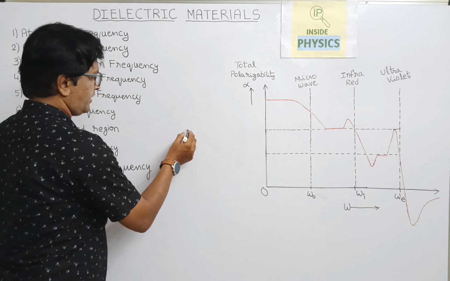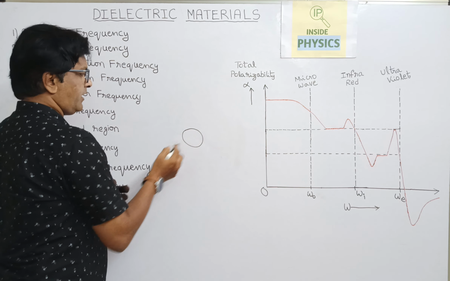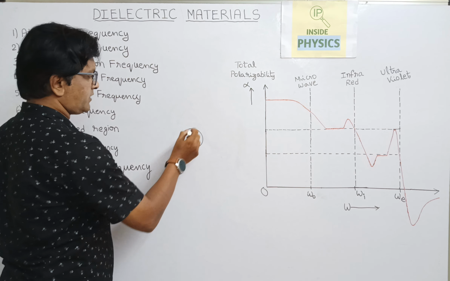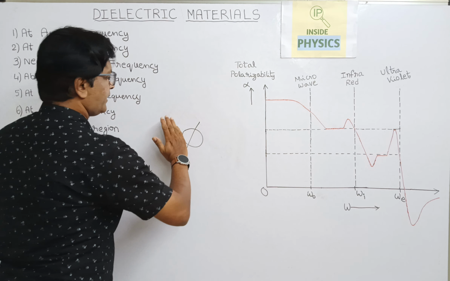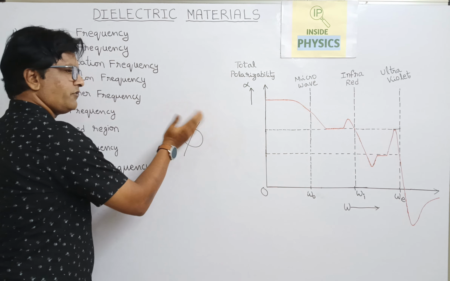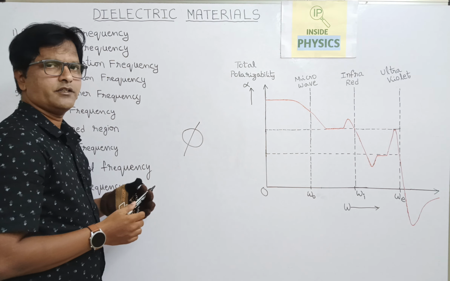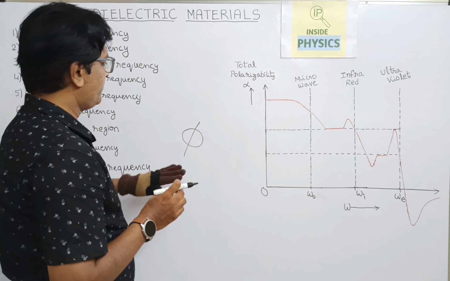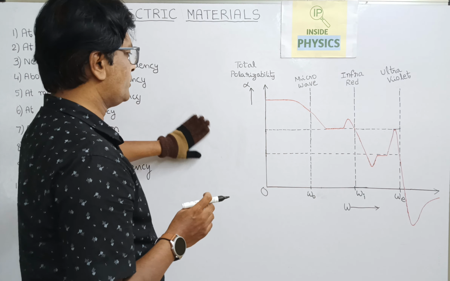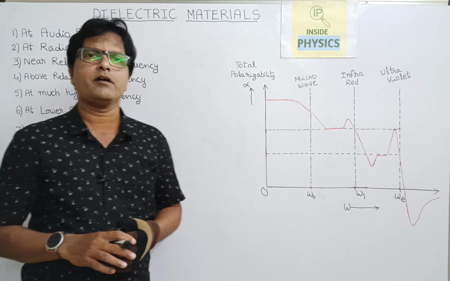If it is an atom having some dipole axis like this, it will be oscillating in the frequency region, and the alternating current is also an oscillating frequency. So it will make some simple harmonic motion which causes the power loss.